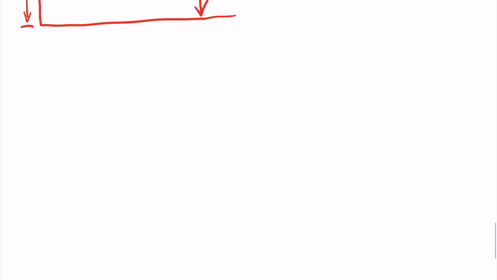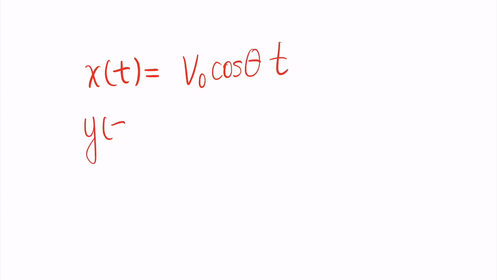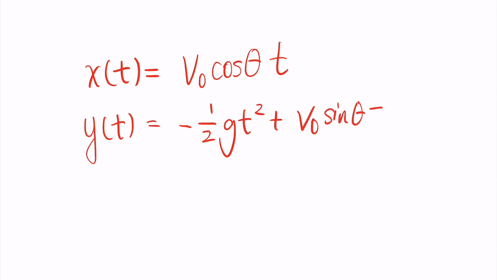So the first thing we have to know is that for the motion in the x-axis direction, the function is v0 cosine theta t, and in the y direction it will be negative half g t squared plus v0 sine theta t plus h.